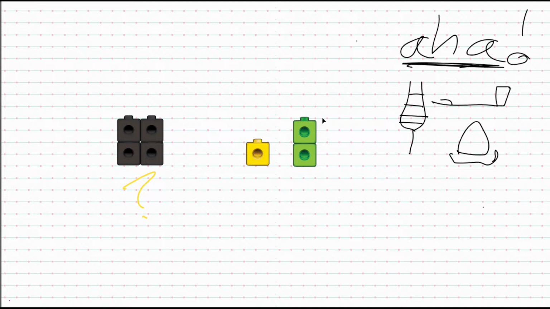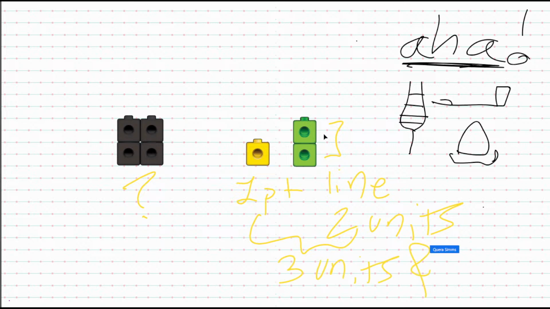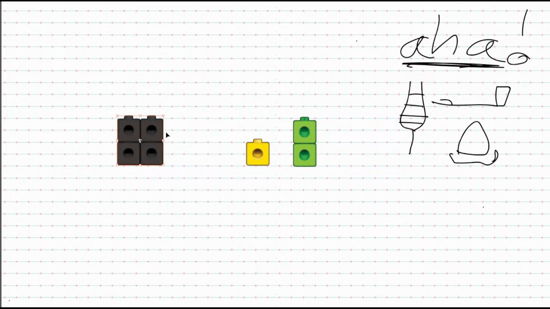We have 1 point. In this case, we have a line with 2 units. So we'll add these two together. This would be an overall of 3 units and I don't know. Perfect. All right. Any questions? No, I'm getting this. I got it.